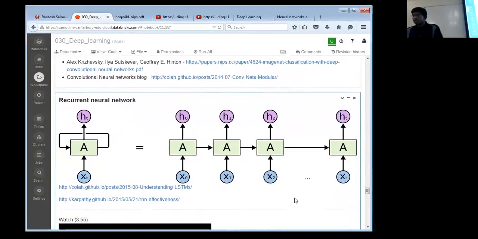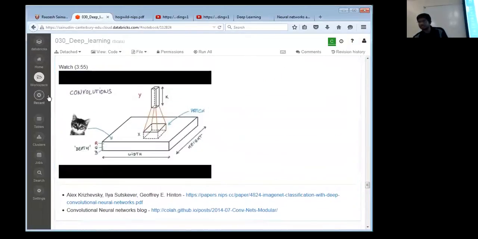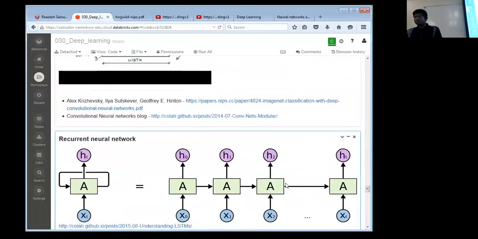Now, convolutional neural networks, we saw, share parameters across space. That's what these things are, right? What recurrent neural networks do is they share parameters across time. Why time? Let's say we are doing some kind of speech processing or text processing.